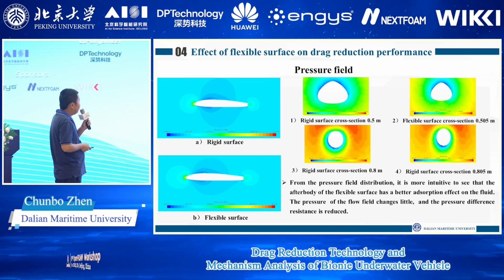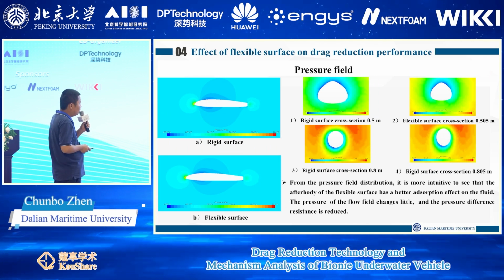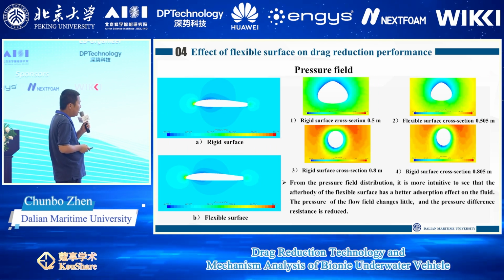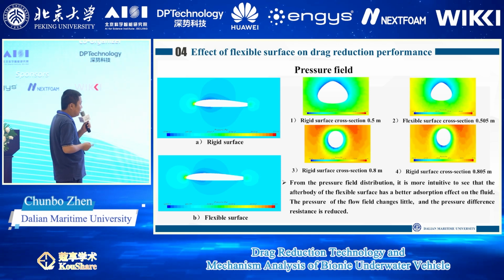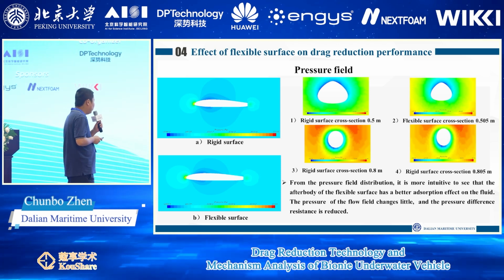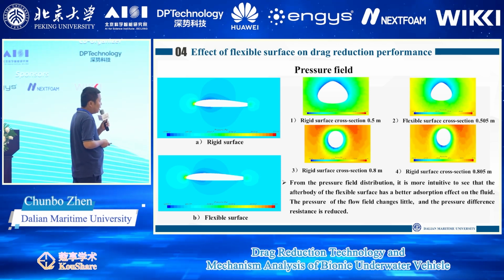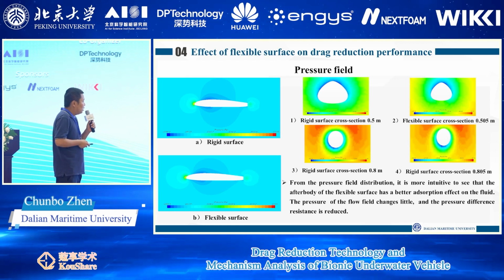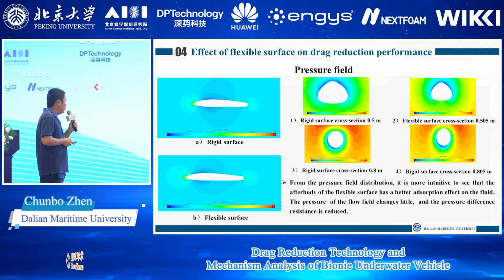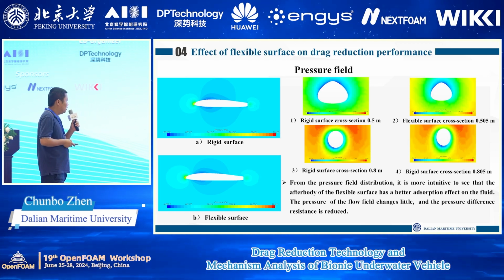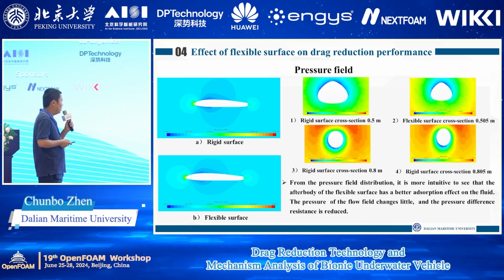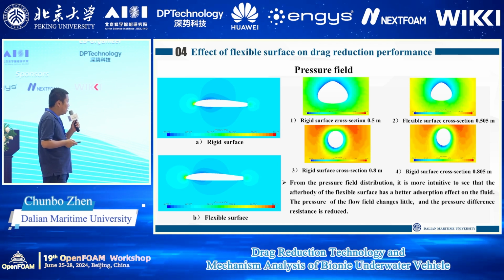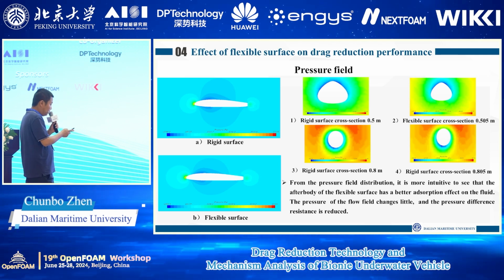For the pressure field, from the pressure field distribution it is more intuitive to say that the afterbody of the flexible surface has a better absorption effect on the fluids. The pressure of the flow field changes little, and the pressure difference resistance is reduced.